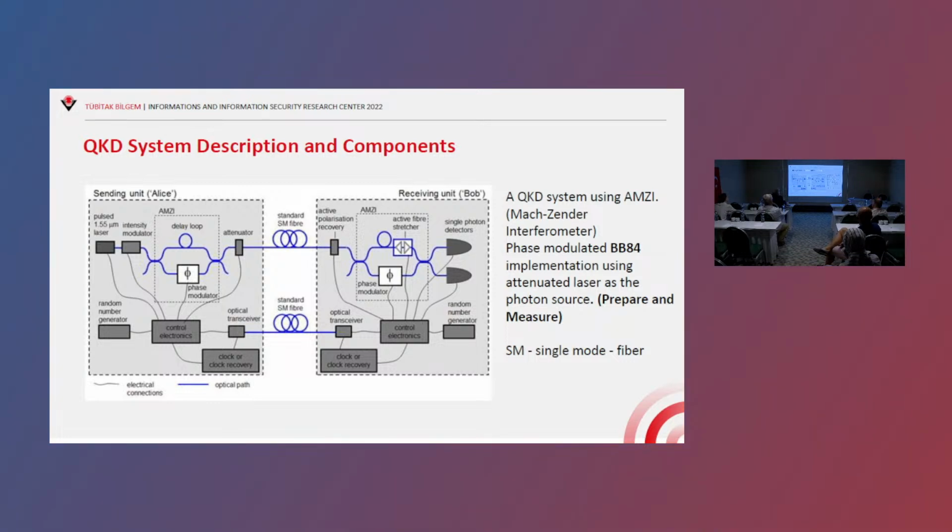The phase modulators, together with the Mach-Zehnder interferometer, make sure that the state you would like to transmit is encoded on the phase, in this case, of the photon. And similarly, on the receiver side, we have a Mach-Zehnder interferometer to demodulate the received state of the qubit.